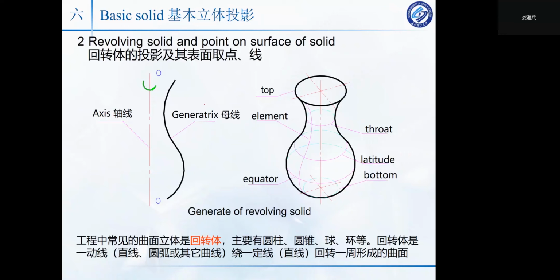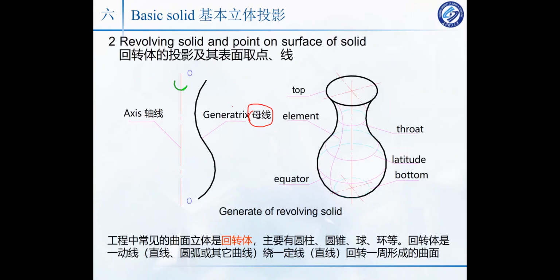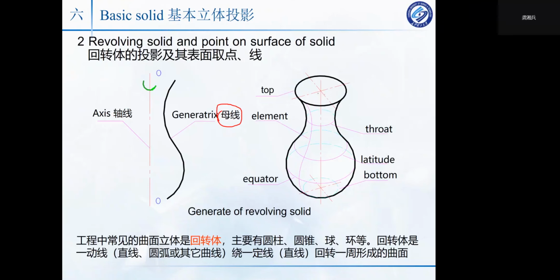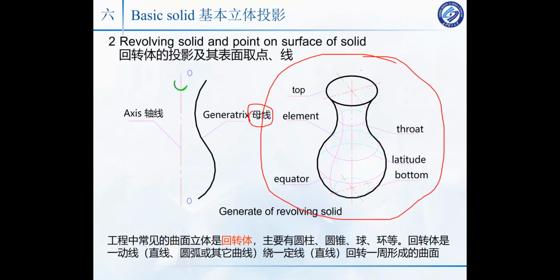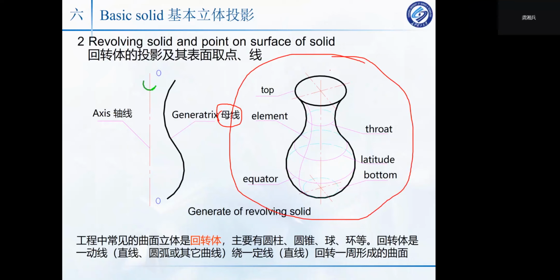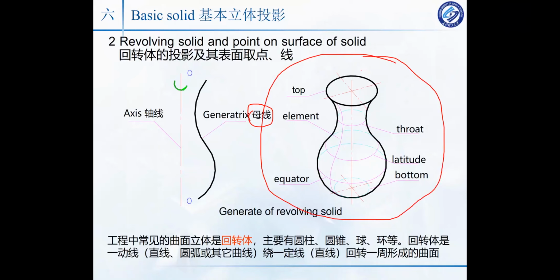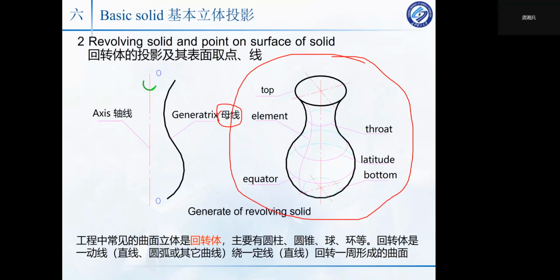Element means any shape at any position of this generatrix. Here we can get the constructed solids, just like a pipe, a pyramid, a ball, and a torus.